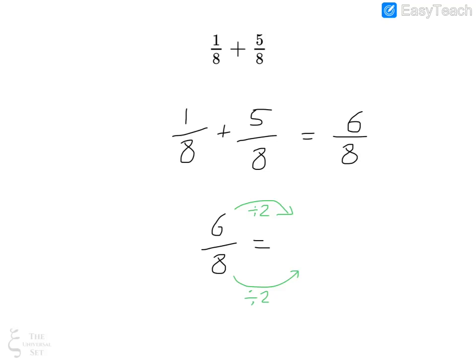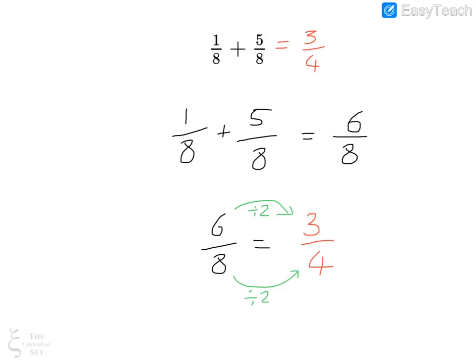So 6/8, 6 divided by 2 is 3, 8 divided by 2 is 4, so my final answer is 3/4. When I do 1/8 plus 5/8, the answer is actually 3/4, because first off I add them together and that gives me 6/8, but then I have to simplify, and it's really important to remember to simplify our answers.